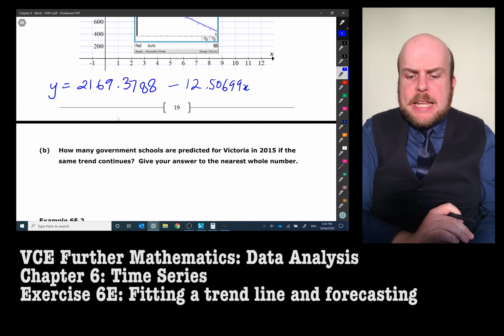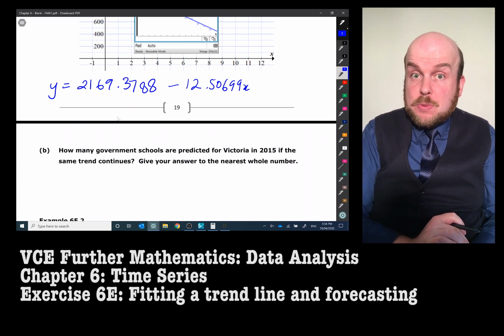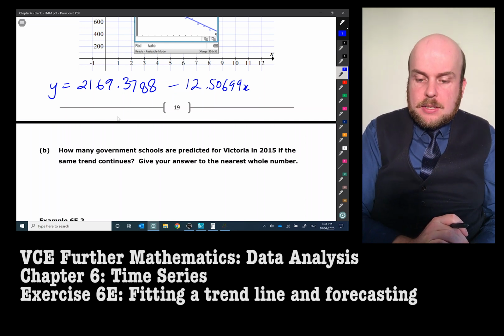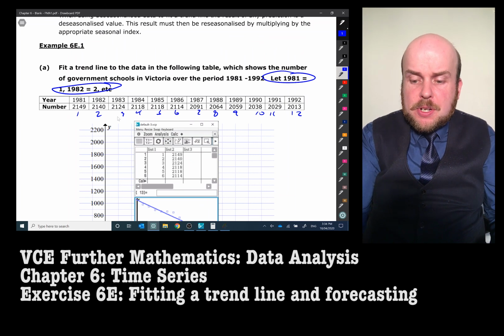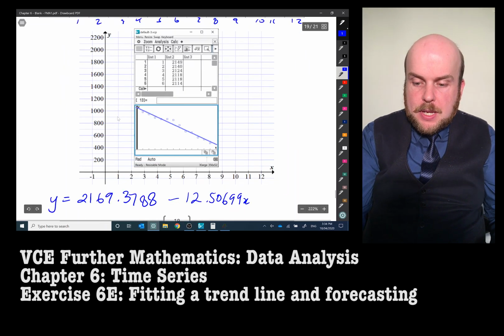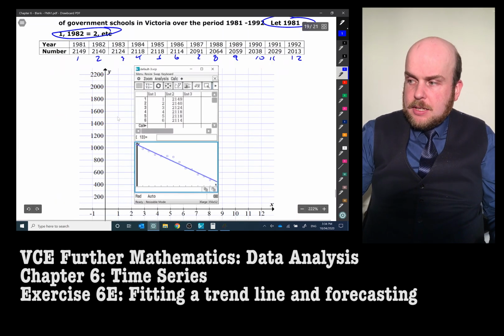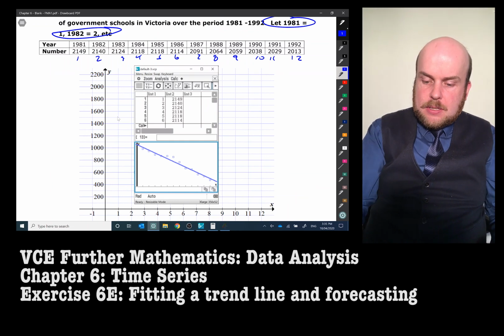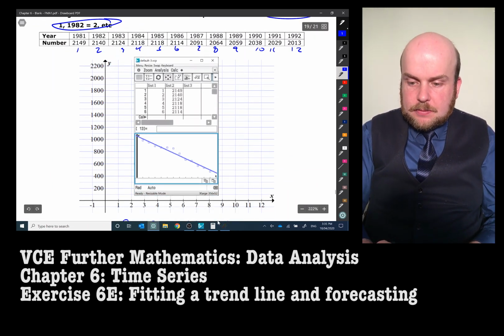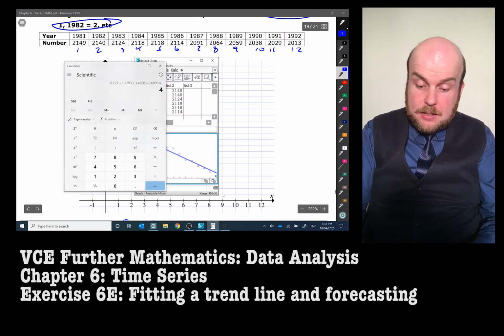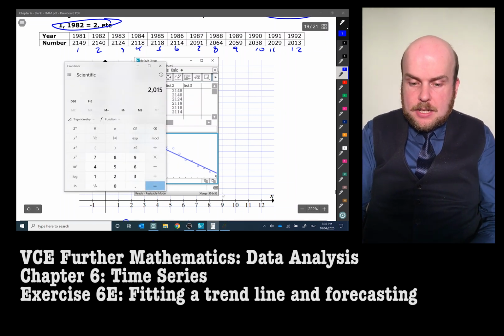So now it's saying how many government schools are predicted for Victoria in 2015 if the same trend continues. So 2015 would be, well, we've got 1992 here, so that's at number 12. So how far away would be 2015? How many years away would that be? So let's do 2015, take away 1992.